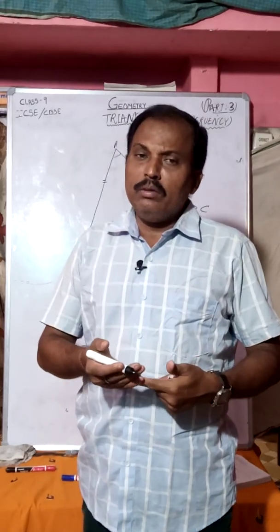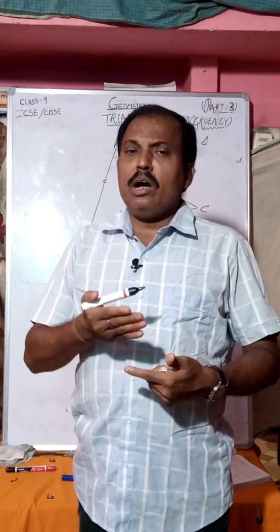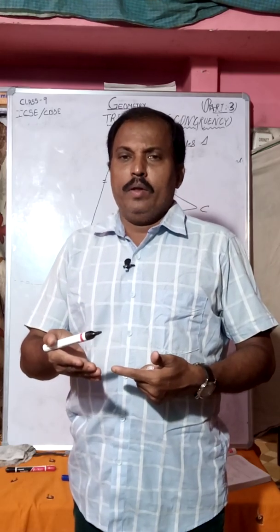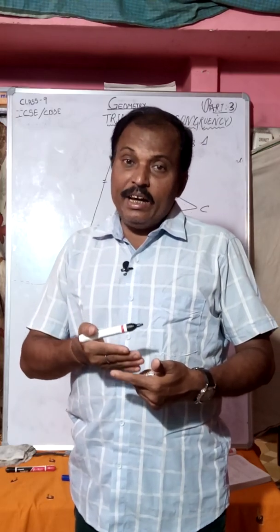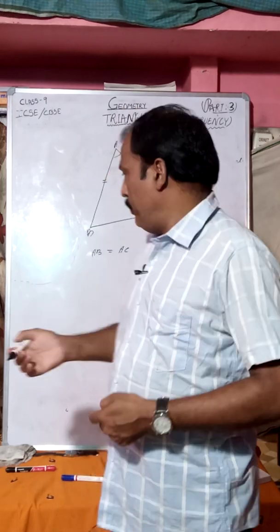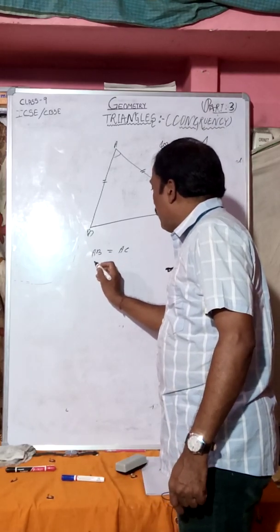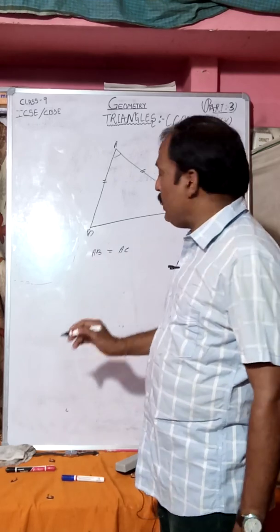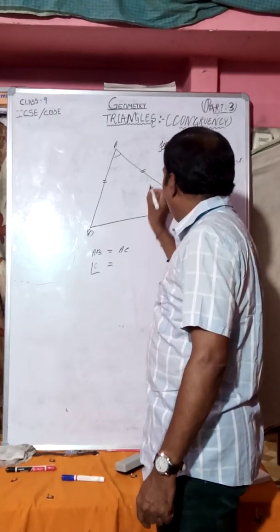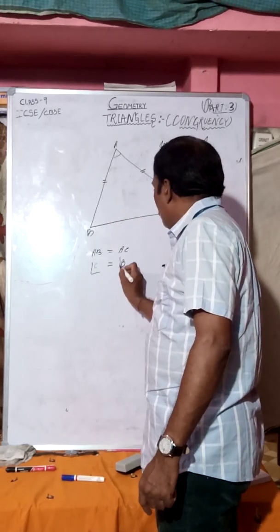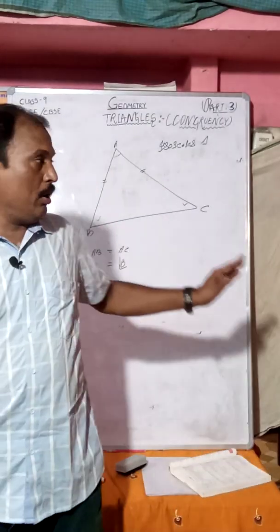If two sides of a triangle are equal, then two angles are equal opposite to them. Which angle is opposite to AB? That is angle C. And which angle is opposite to AC? That is angle B. So angle C is equal to angle B. It is a very important term.